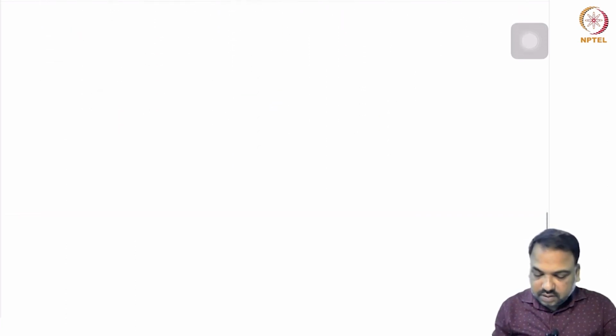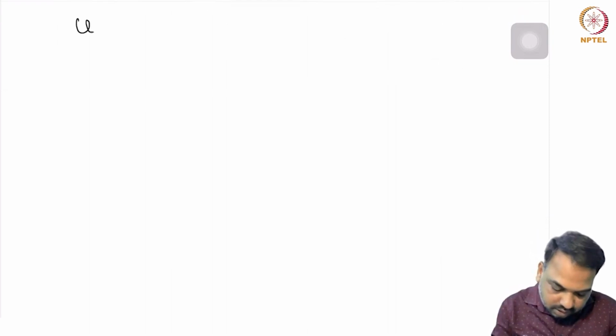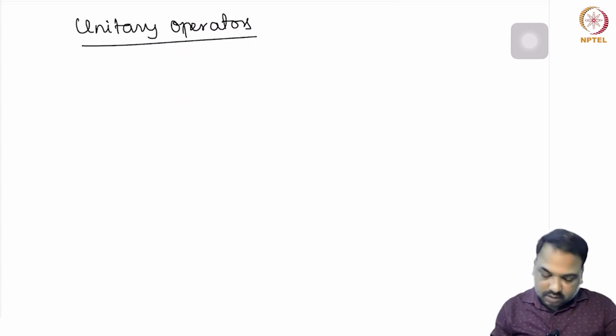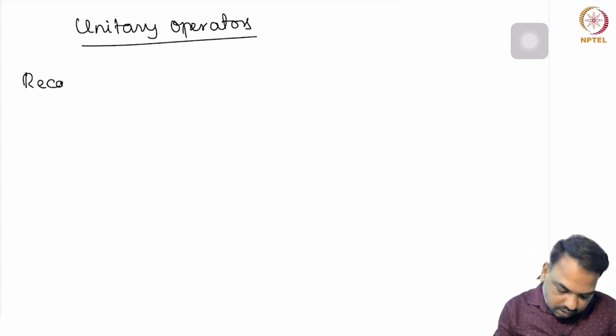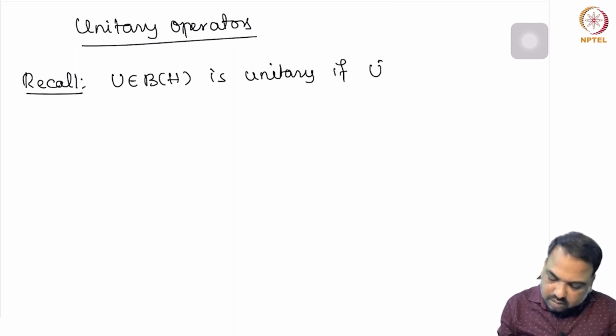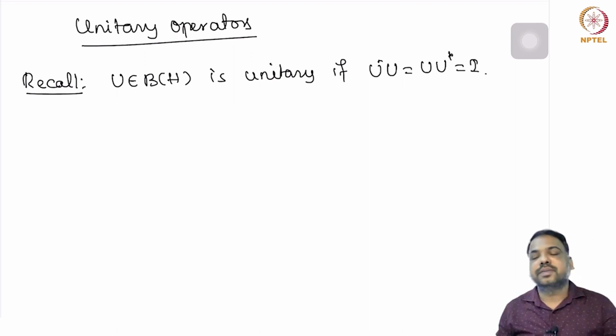Okay, so next we want to discuss unitary operators. We have already given one example of a unitary operator, which is the bilateral shift operator on L2 of Z. Now we want to characterize unitary operators. So recall U in B of H is unitary if U star U equals U U star equals identity.